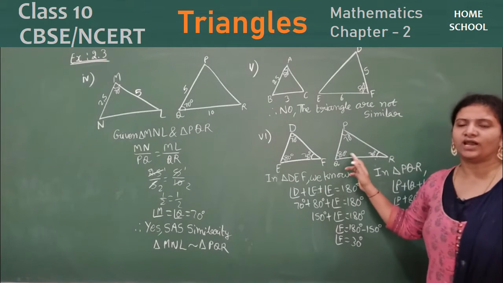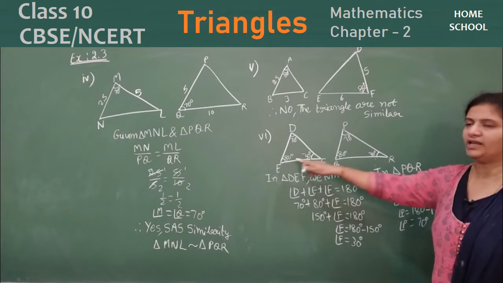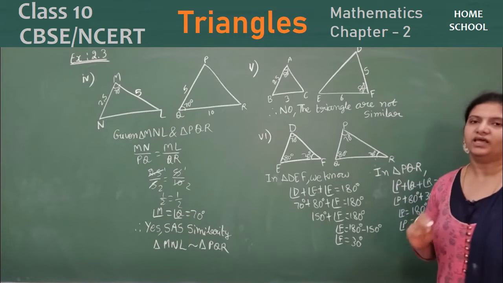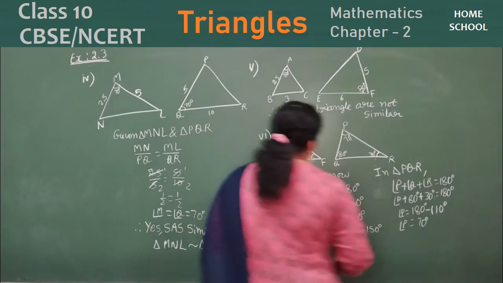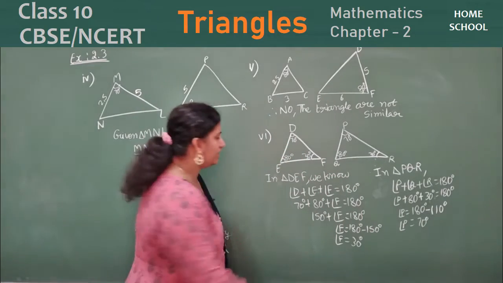Now compare the two triangles. 70 degrees, 70 degrees, 80, 80, 30, 30. Therefore, by which similarity criteria here, children?